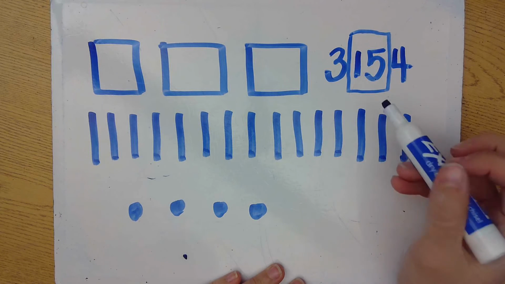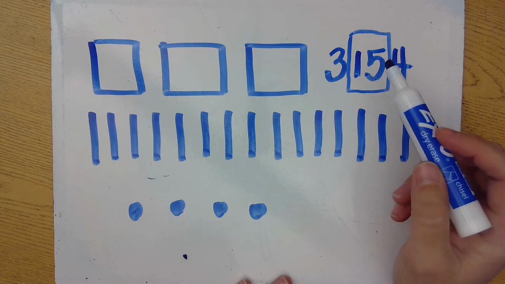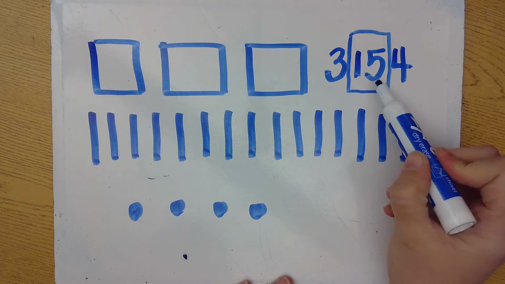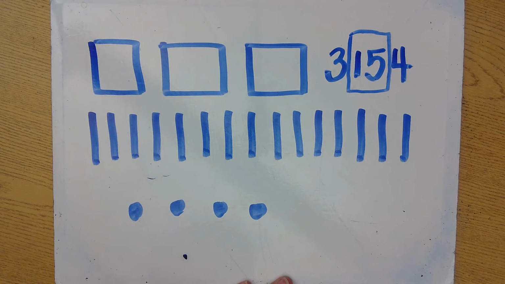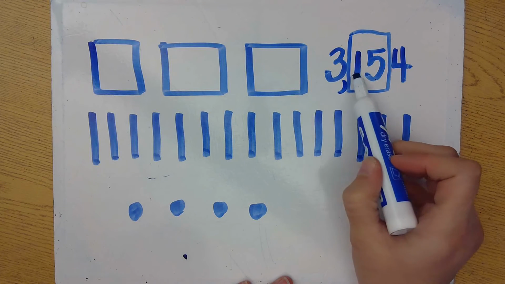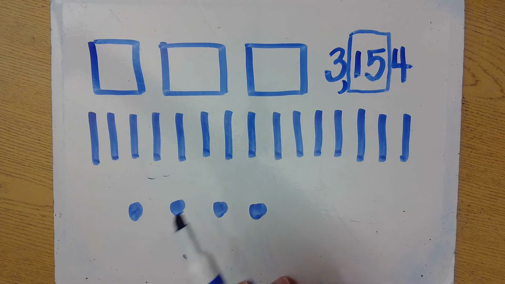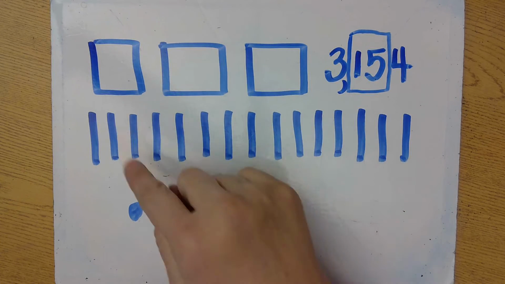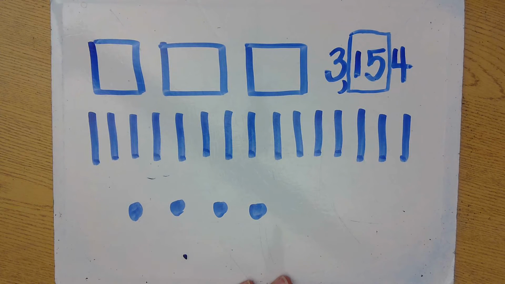And 1 digit means 1 number. So I cannot write 15 here because that would turn my number into 3,154. And I know that this is not 3,000 anything because I don't even have any thousands blocks at all.